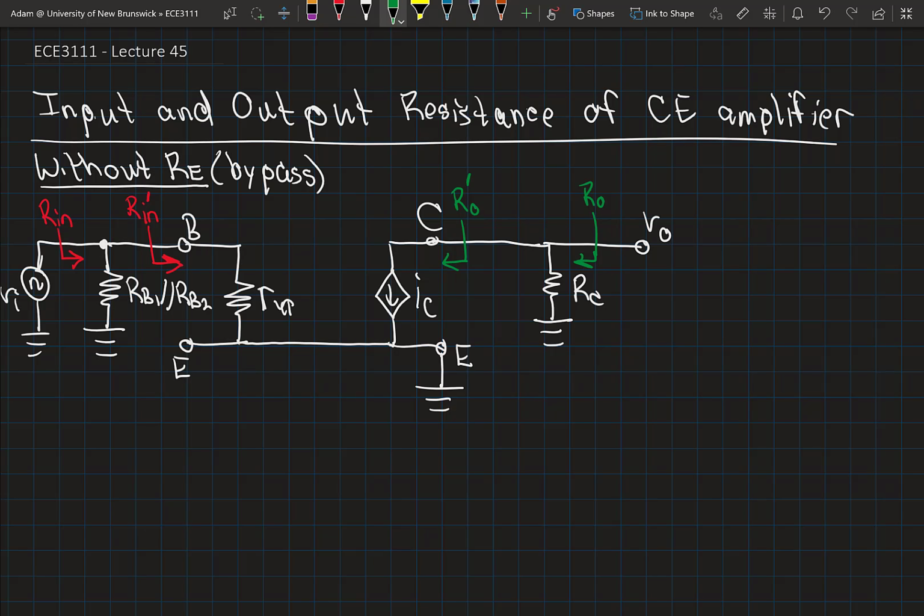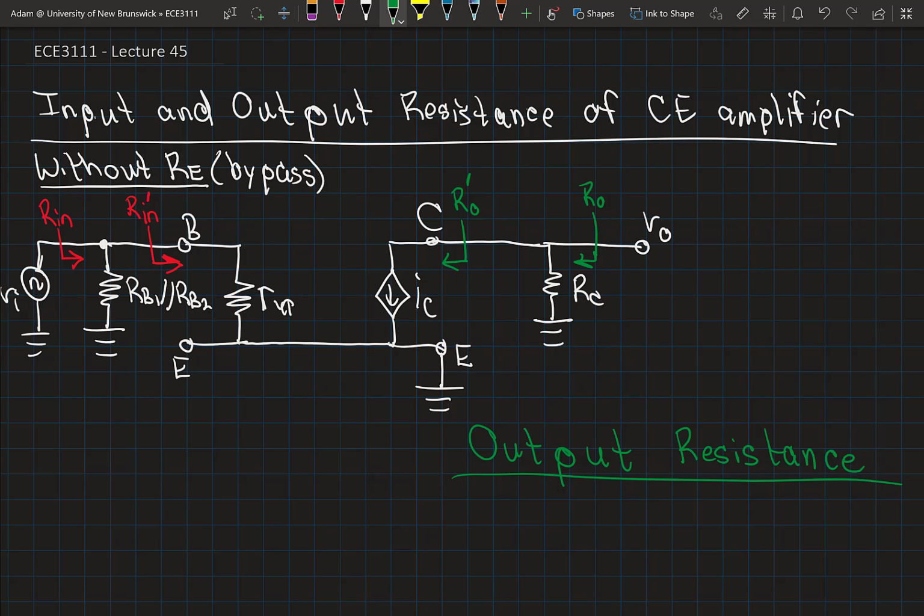Let's look at the output resistance first, just because it's simpler.